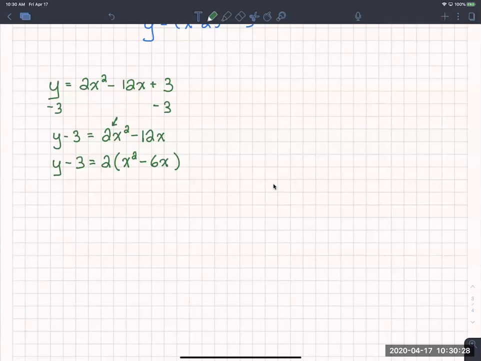Now, step 3, we take b, which in this case is -6, divided by 2, and then square it.